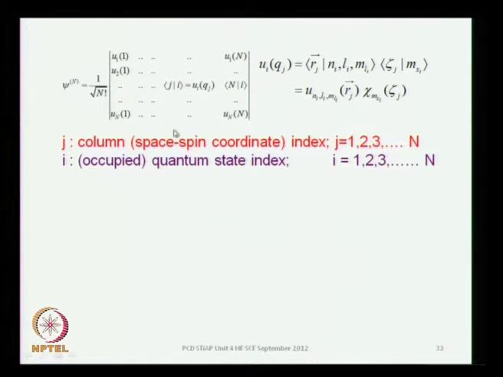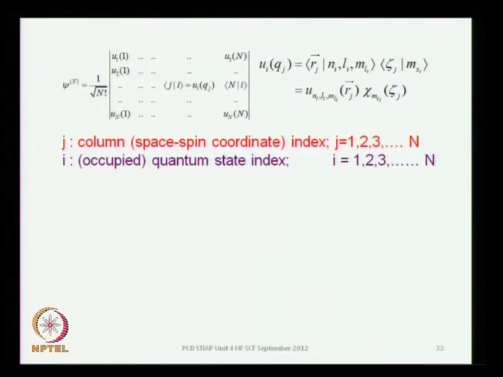You have the columns which keep track of the coordinates and the rows which keep track of the quantum states which are occupied, and it is a matter of choice. You choose that these are the states which are occupied.